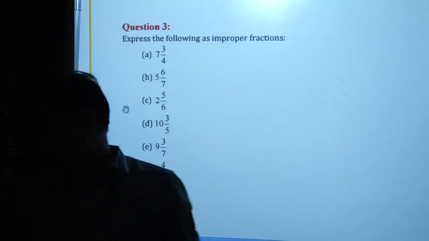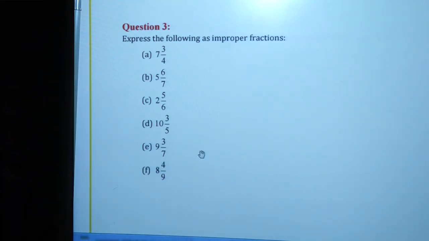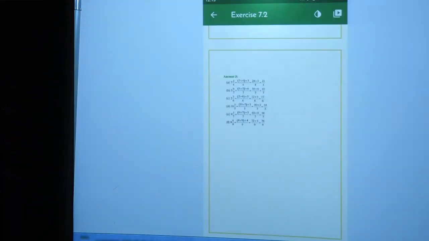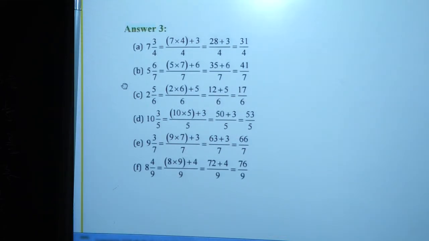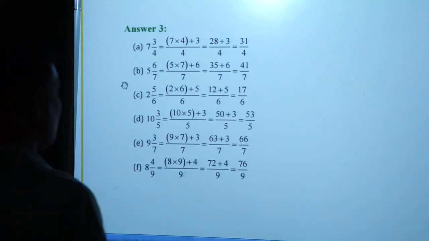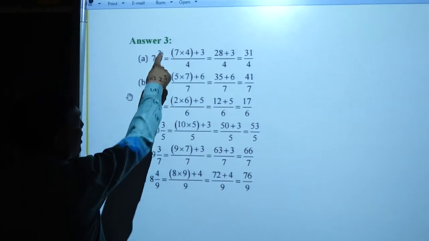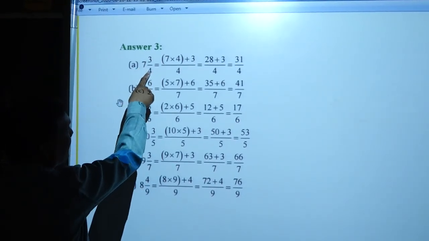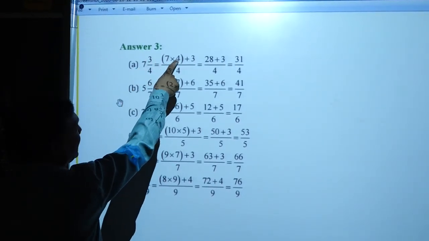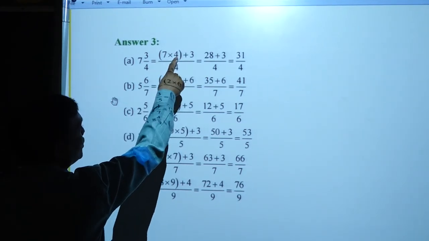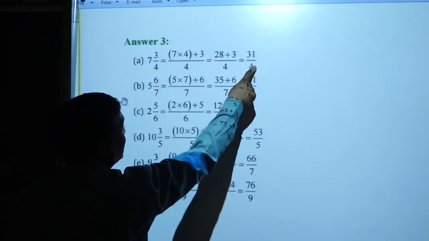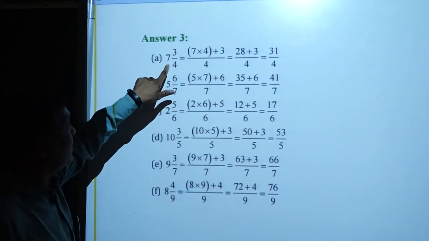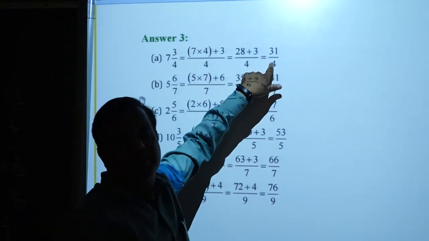Now see the numbers I showed on the board. Now what to do? 7, 3 upon 4. 7 multiplied by 4 plus 3. 7 4s are 28 plus 3, 31. 31 upon 4. So this mixed fraction is converted into an improper fraction.